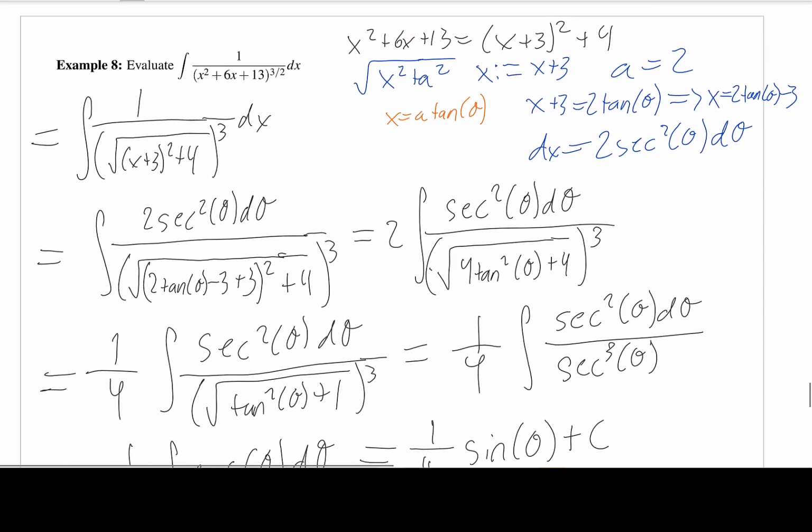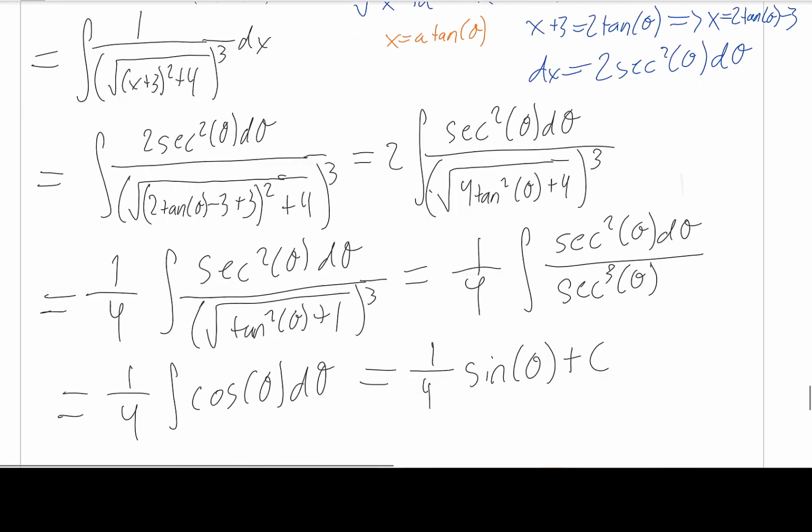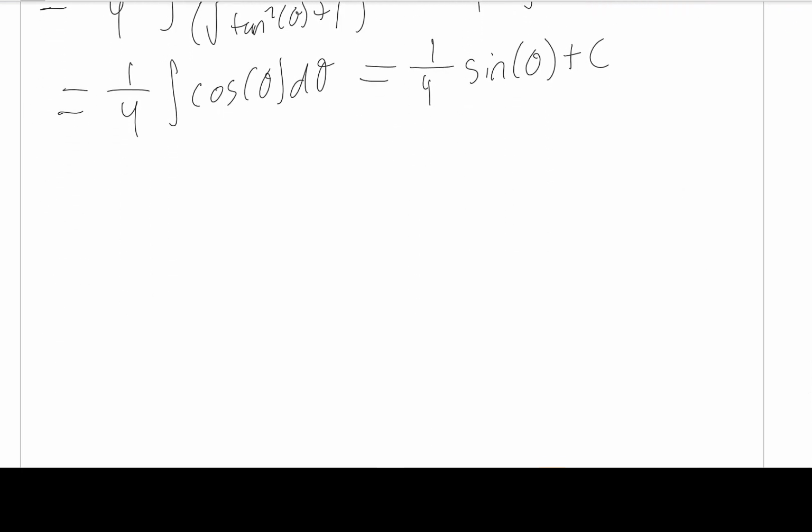And so now I'll use our x plus 3 equals 2 tan theta so that we can set up our triangle and solve this last tricky problem. So we should have x plus 3 is equal to 2 tan theta, which will give us x plus 3 over 2 is equal to tan theta.